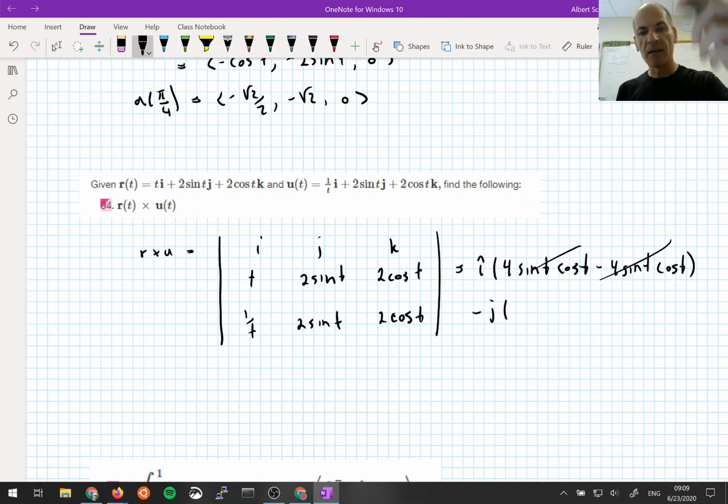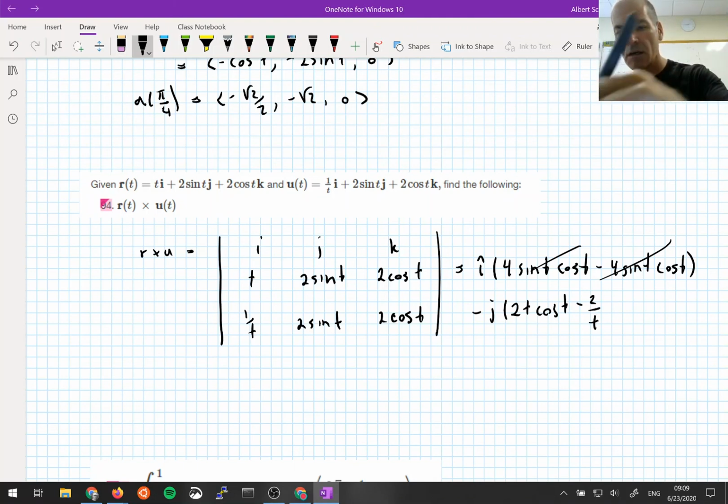All right, there you're going to blot out the middle column and do the outer determinant, 2t cosine t minus 2 over t cosine t.